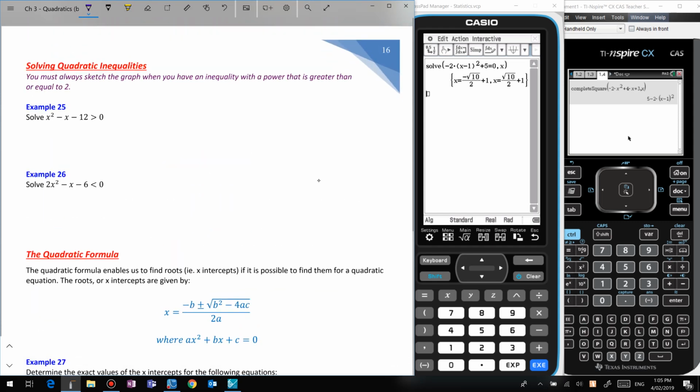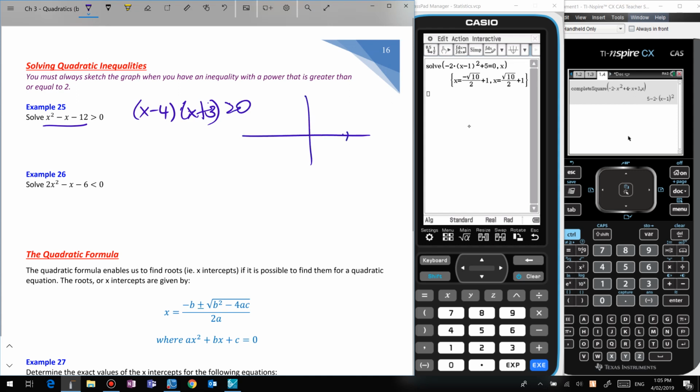Okay, quadratic inequalities. Usually it's as simple as factorizing or solving and then graphing. You have to graph. So here, if we factorize that, we get x minus 4, x plus 3 is greater than 0.